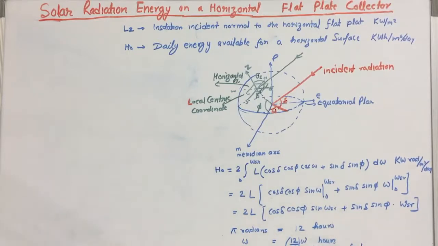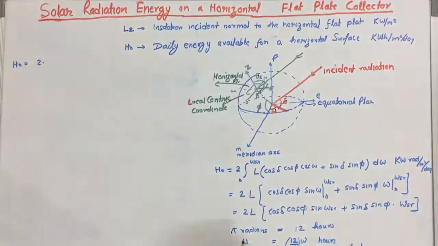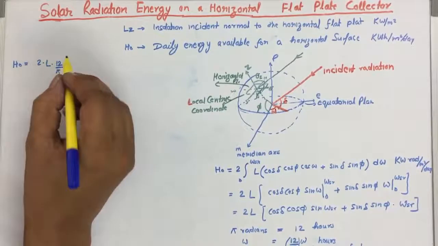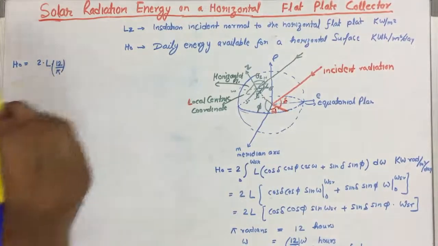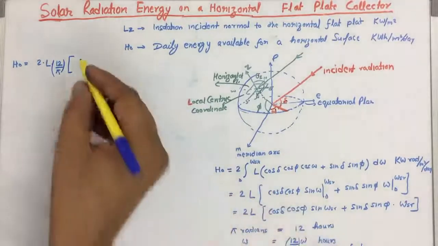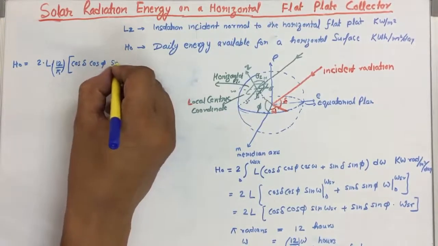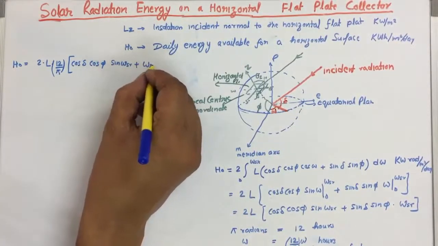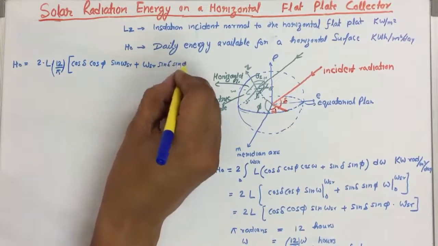Okay, so if we wish to find the energy in terms of kilowatt hour, then we can say H naught will be equal to 2 times L times 12 by pi, that is the conversion factor from radian to kilowatt hour, and multiplication of the remaining terms: cos delta, declination angle, cos phi, latitude, sine omega SR, the hour angle at sunrise time, plus omega SR times sine delta, sine phi.